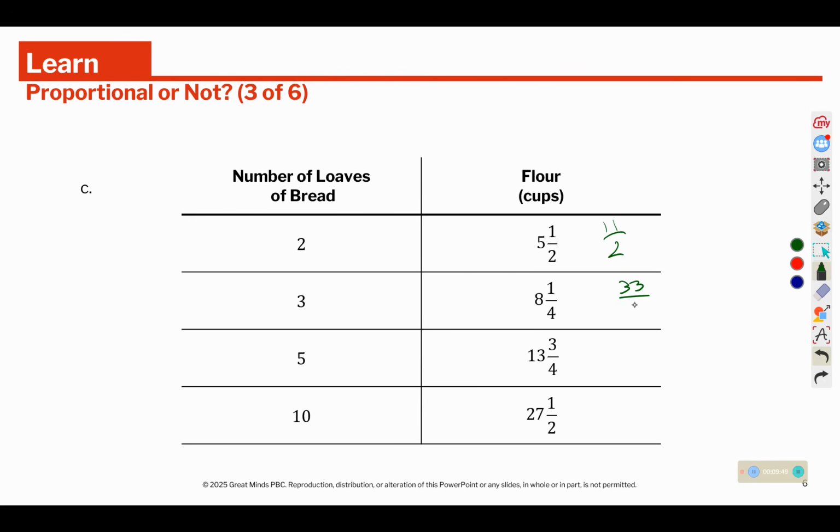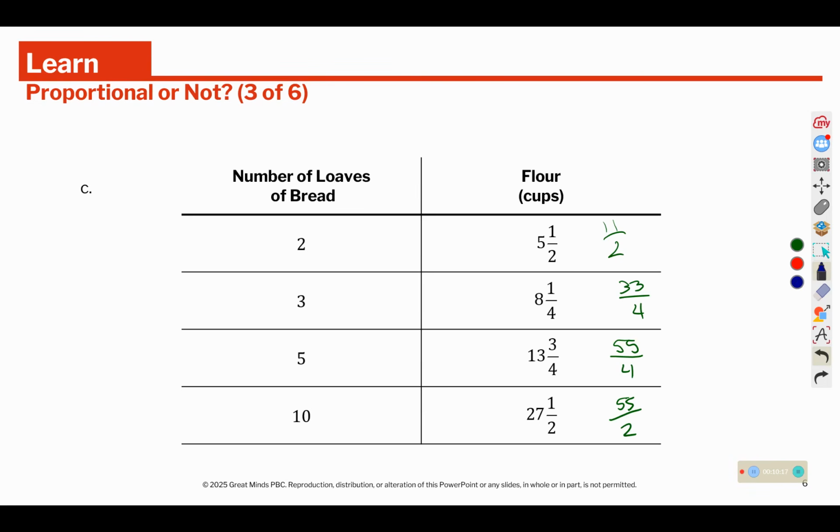And again, keep the denominator. 13 times 4 is 52 plus 3 makes 55. 27 times 2 is 54, plus 1 more makes 55.